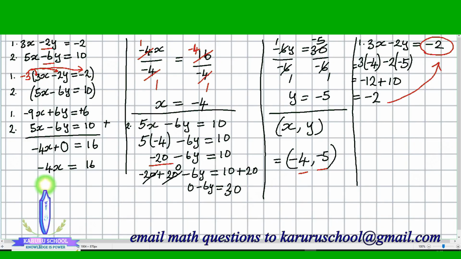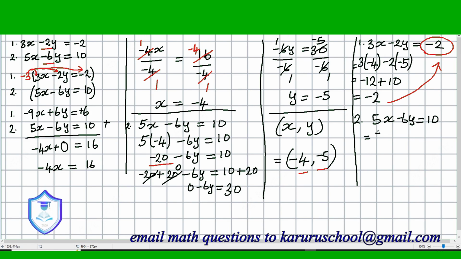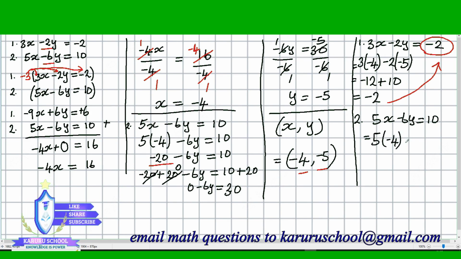Now let's try substituting in the values in the second expression. The second equation reads 5x minus 6y should give us 10. So let's substitute in the values of x and y in this expression. So we have 5 multiplied by negative 4, which is the value of our x, minus 6 multiplied by the value of y, in this case is equals to negative 5.